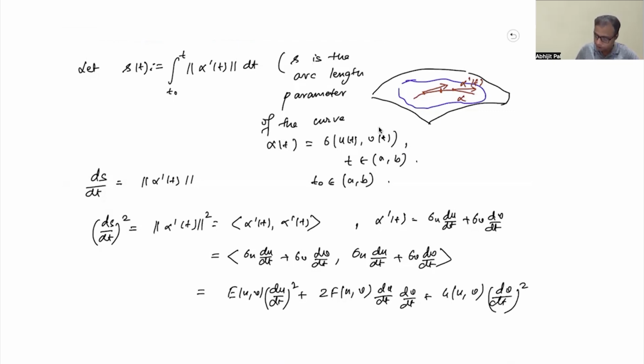So this implies that, if I just write ds square, it is equal to E du square plus twice F du dv plus G dv square.